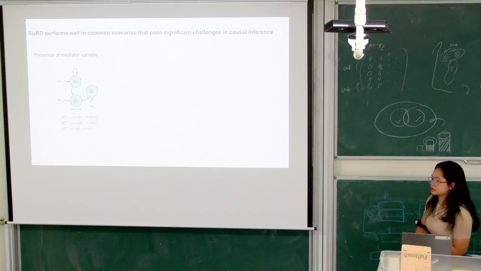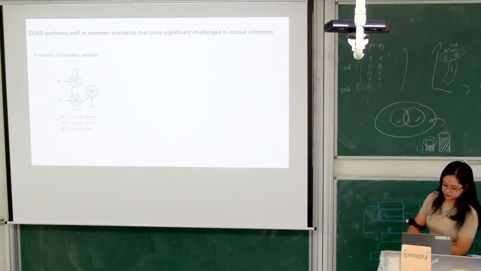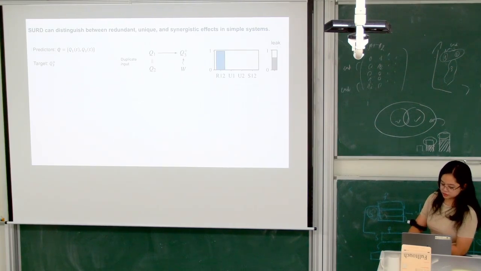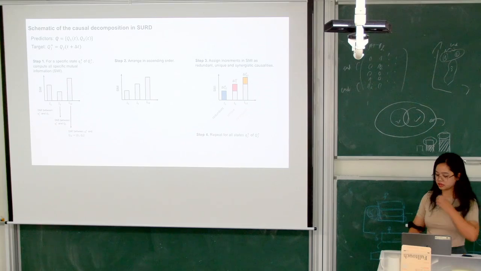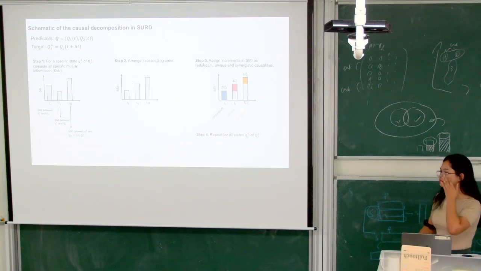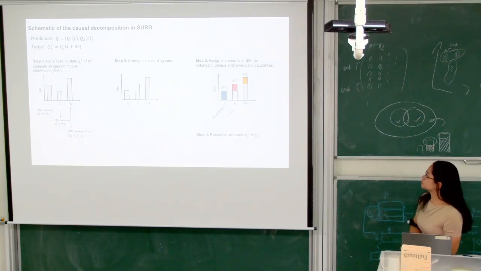So, for example, in the first example, when using only Q2, this is the minimum. Could you go back 2 slides? Yeah, here. So when we use only Q2 information, it gives us the redundant part.